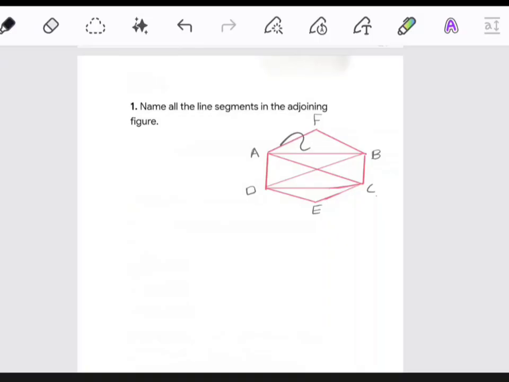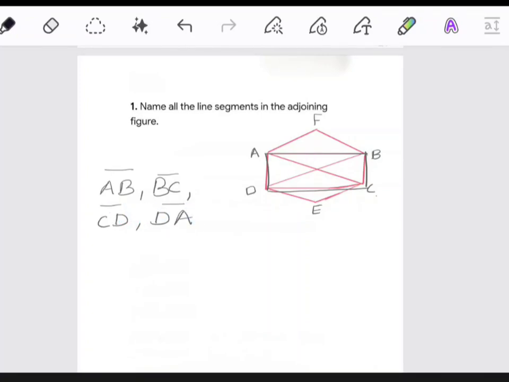First we can start with line segment AB, then BC, CD and BA.